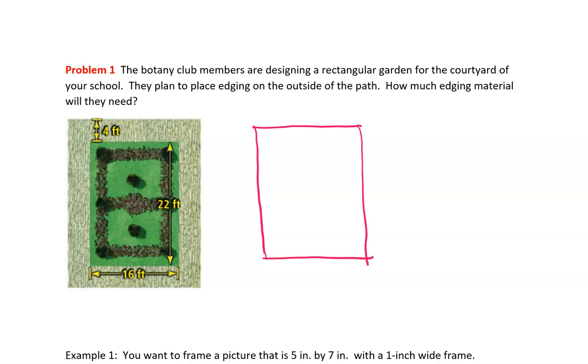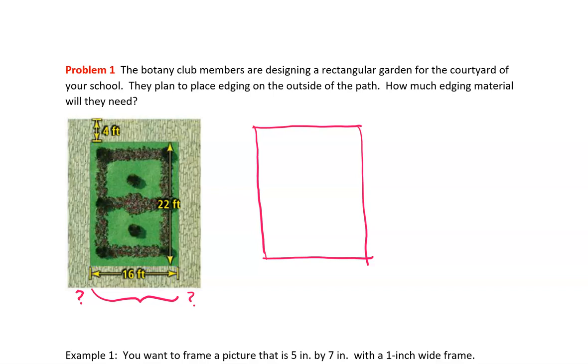So they want edging, so we need to know the length around the whole thing. Looking at this right here, this is 16, but how much is here and how much is there? You look straight up and down and you see no numbers.